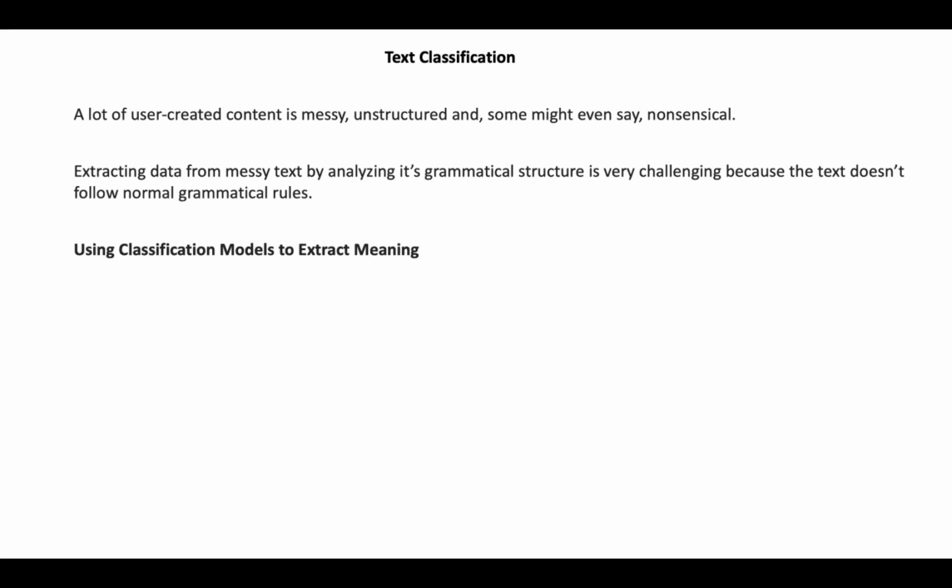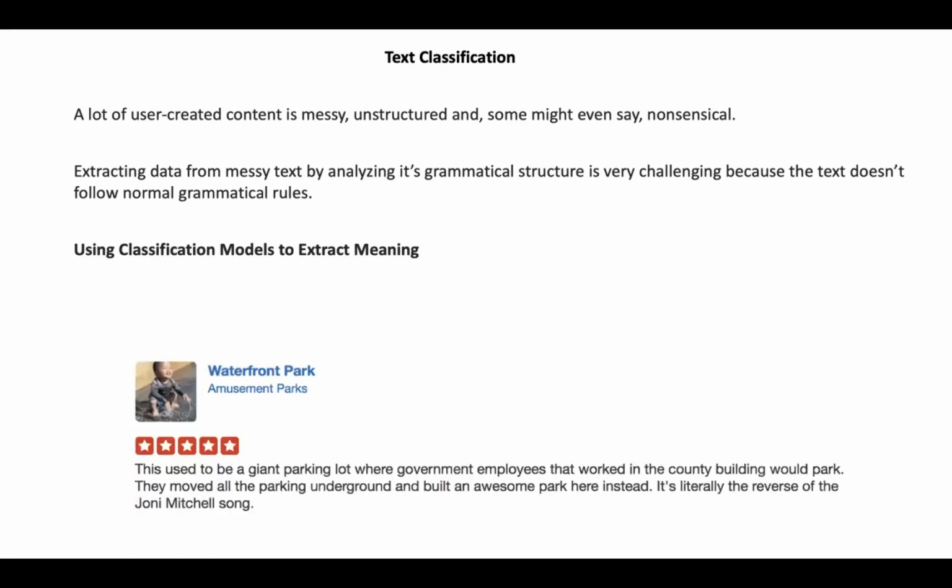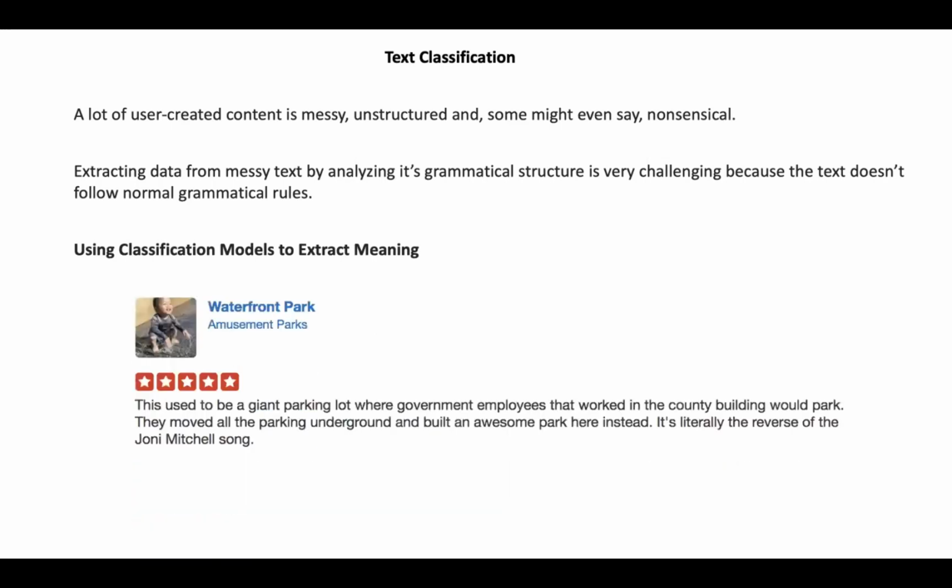So for that, let's look at user reviews. Let us take this picture. Here is one of the most common types of online data that you might want to parse with a computer. Here we are taking the reviews for a public park.